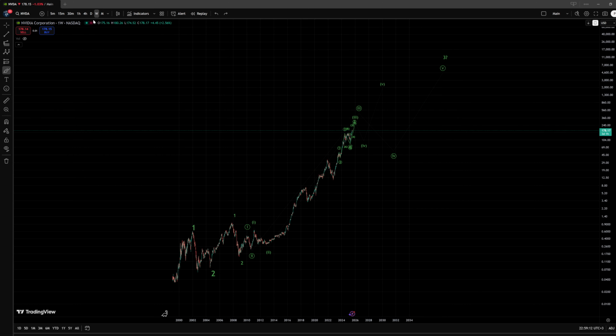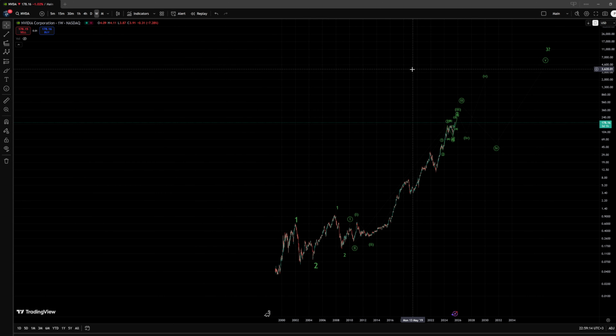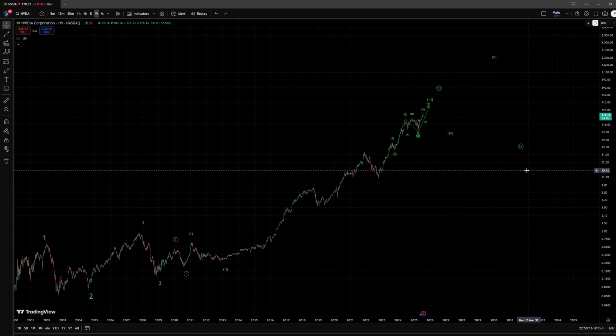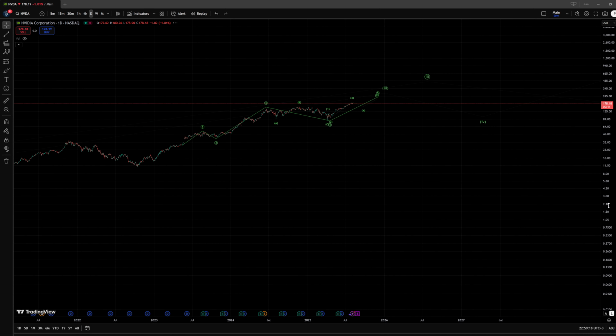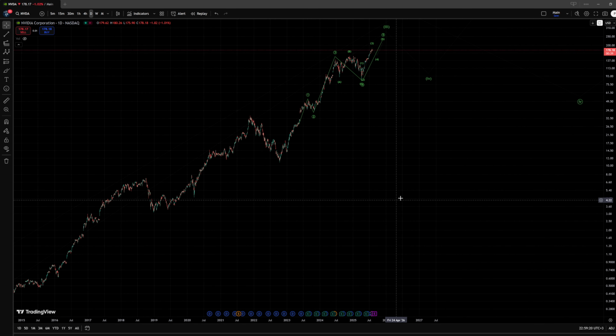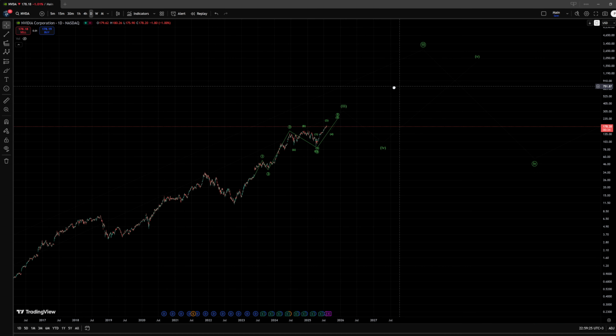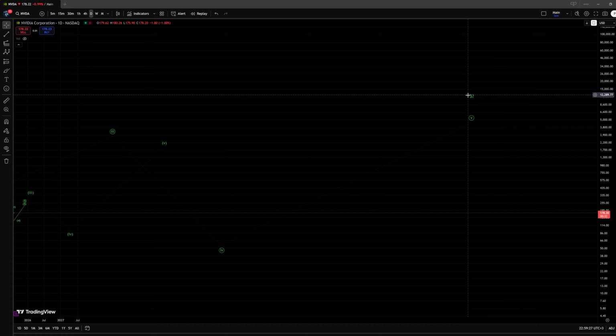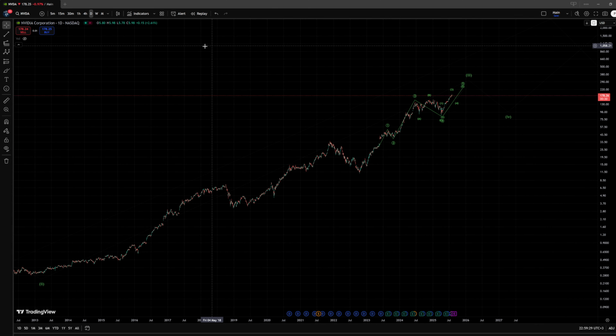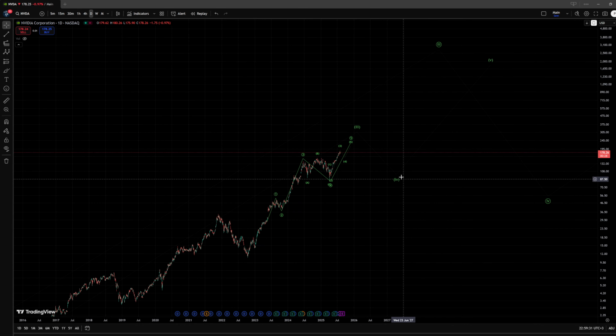But we are quite away from that, and at the moment we should still focus on the shorter time frame, where we don't even know if we completed the third wave within this third wave within a third wave of a third wave. So we have quite a way to go.